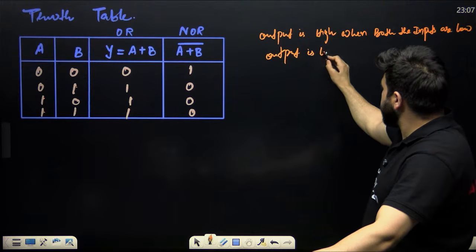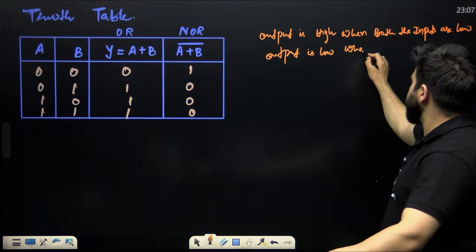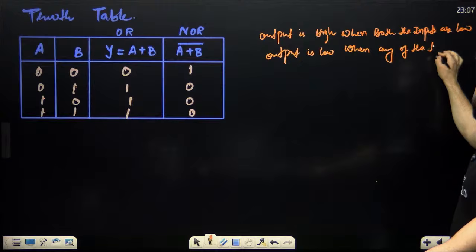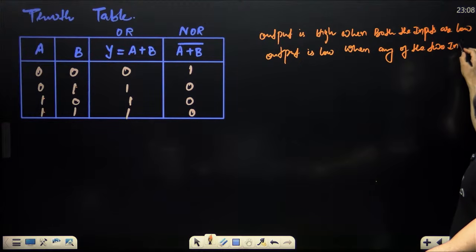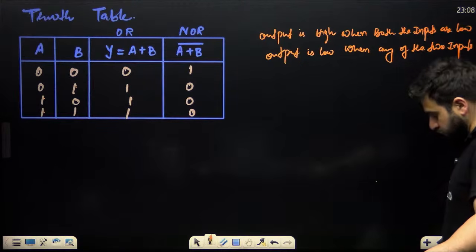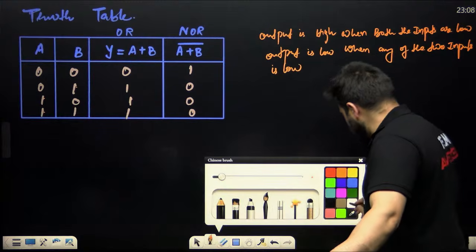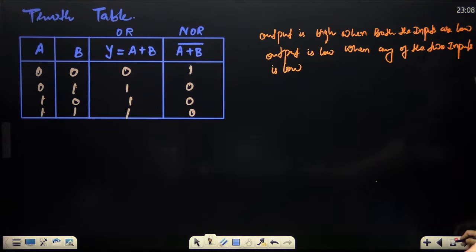Output is low when any of the two inputs is high.